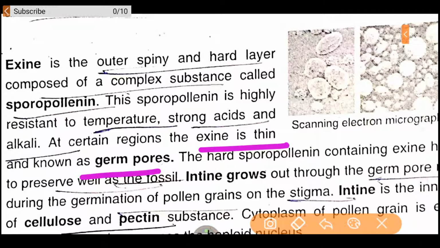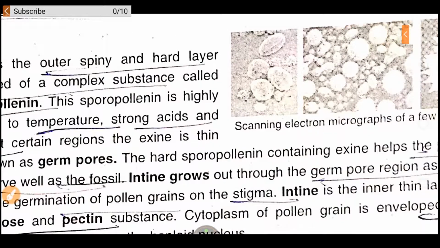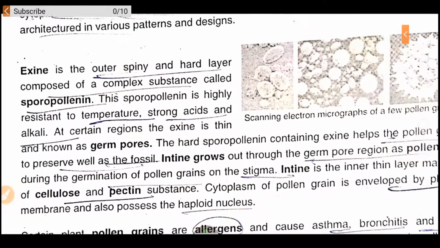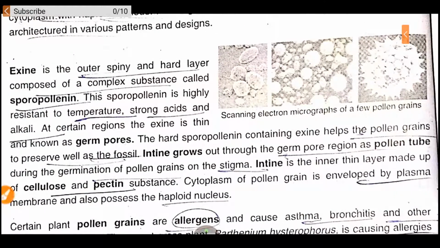The hard sporopollenin-containing exine helps the pollen grains to preserve well as fossils. Intine grows out through the germ pore region as the pollen tube.